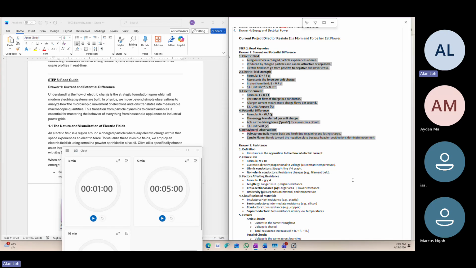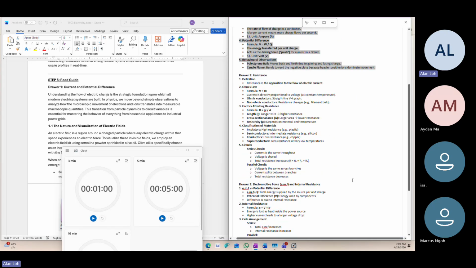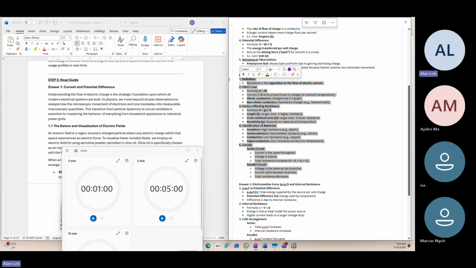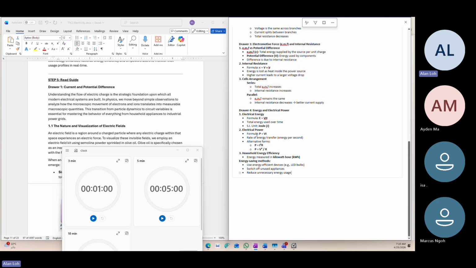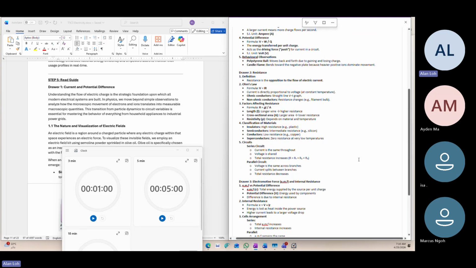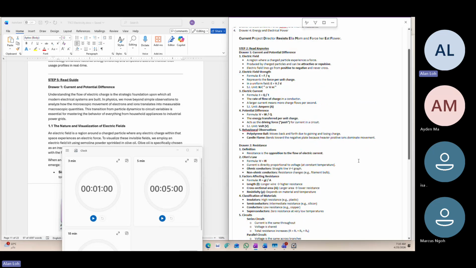And there is a formula and there is a unit. For drawer 2 also, to the very least, you know the key points. Drawer 3, you have 3 key points. And drawer 4 also you have 3 key points. So you have 5 points, 5 points, 3 points, 3 points, 16 points. And you know the drawers' names.